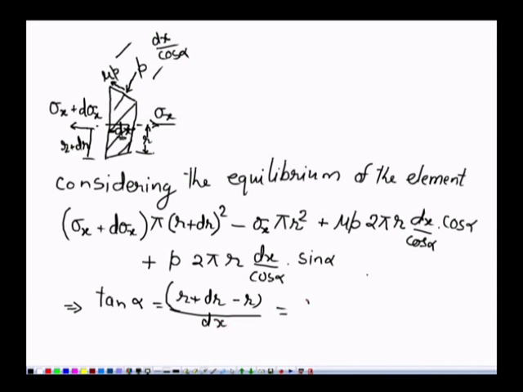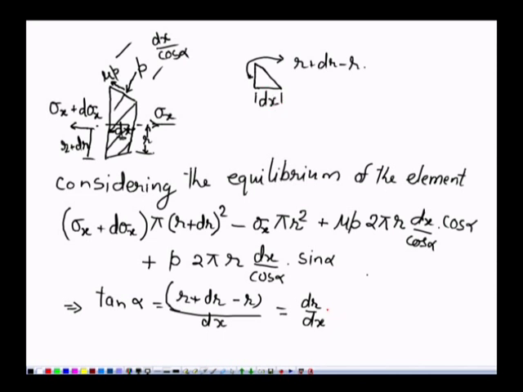So, r plus dr minus r is dr, and the distance here is dx.